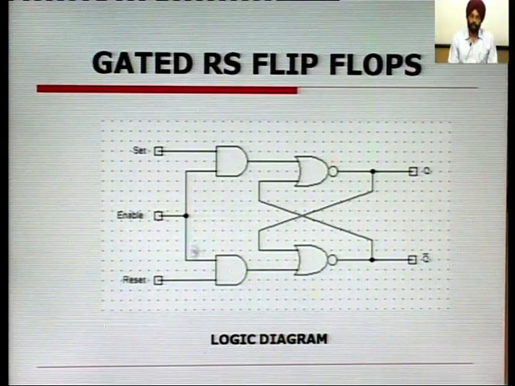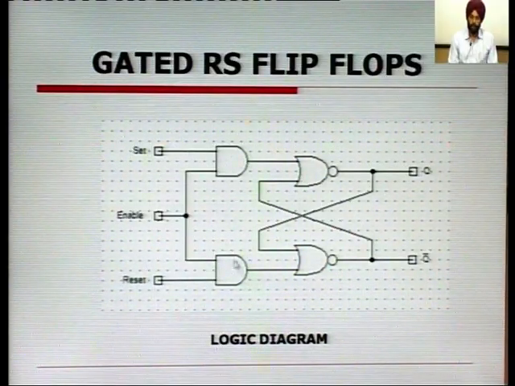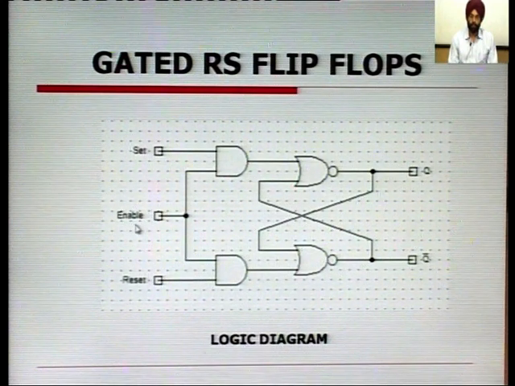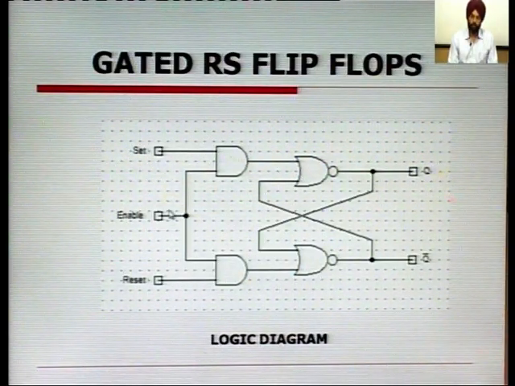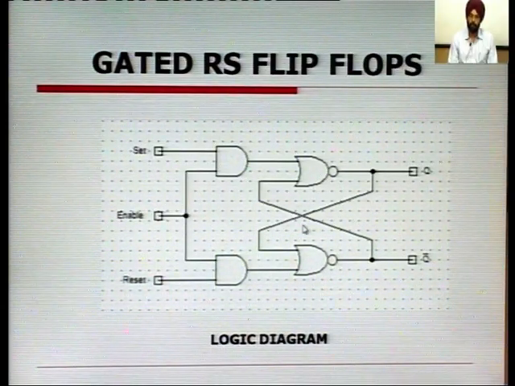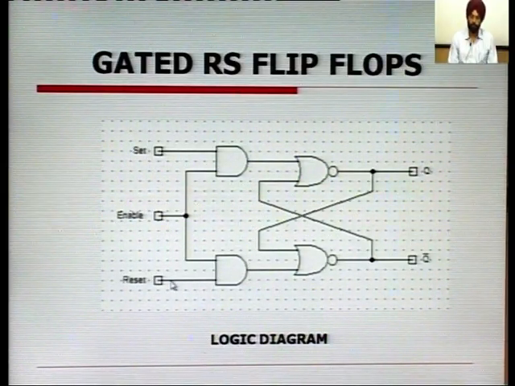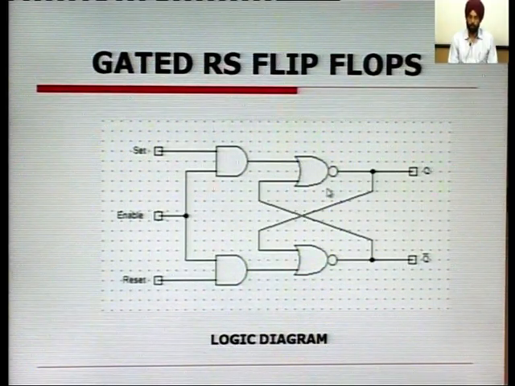Here the R and S inputs are given through AND gates, and the additional enable input is also added. The objective of this enable input is that when it is high, or at logic 1, only then does the flip-flop work normally, that is, any input on the set or reset inputs will cause the flip-flop to turn on or turn off, or make its outputs 0 or 1.